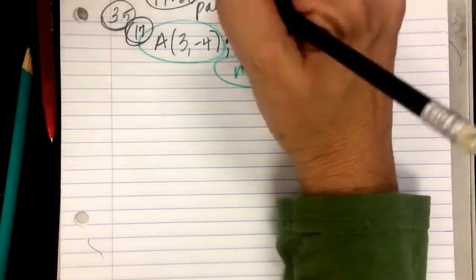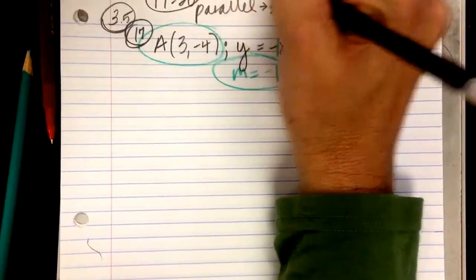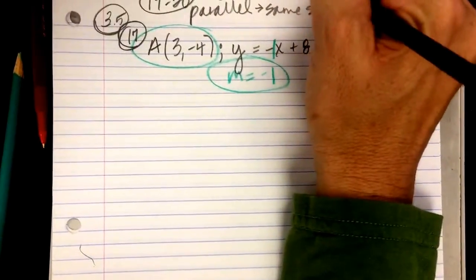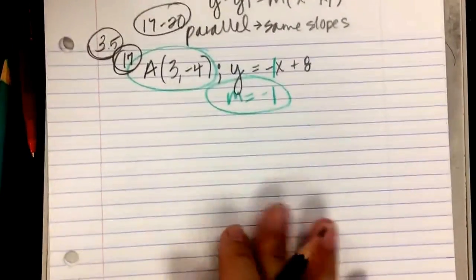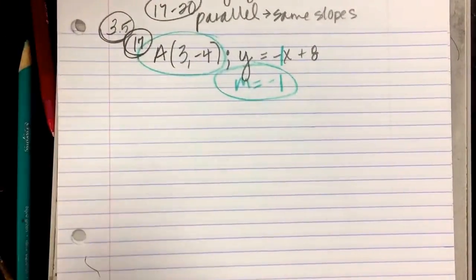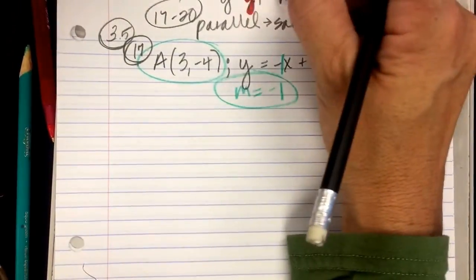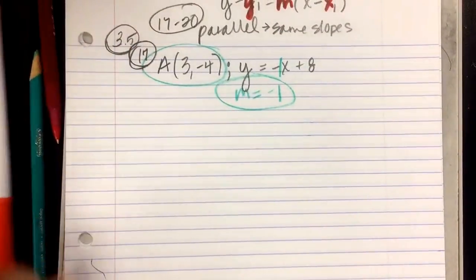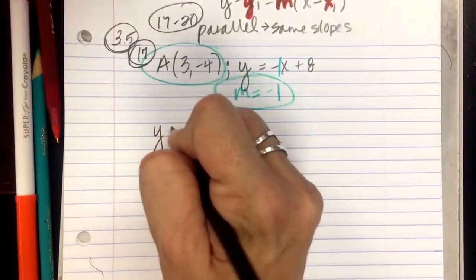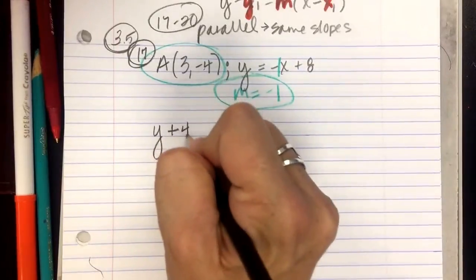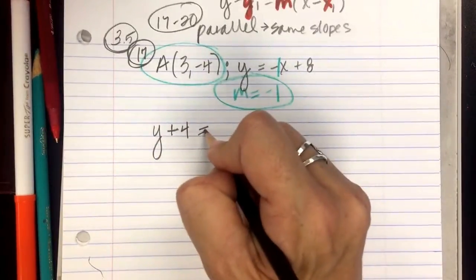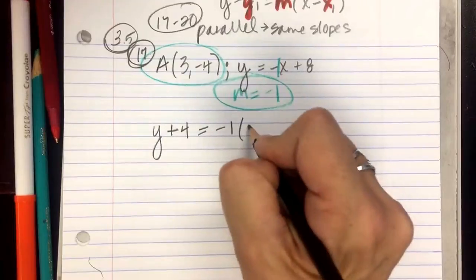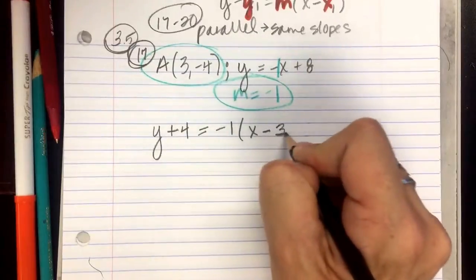I'm going to do that in point slope form, which was on our paper in our notes from yesterday as well. We're going to replace the y1, the m, and the x1. So in the case of number 17, we have y minus -4, or y plus 4, equals -1 times the quantity x minus 3.